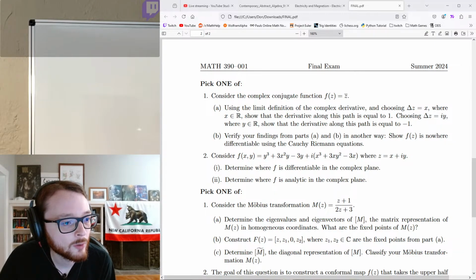But I want to look up what this delta x thing is again, just to make sure I'm not... I can probably figure it out if I just think about it, to be honest. Like, I can probably figure out what it should be.